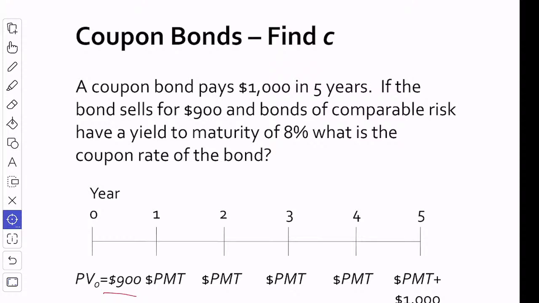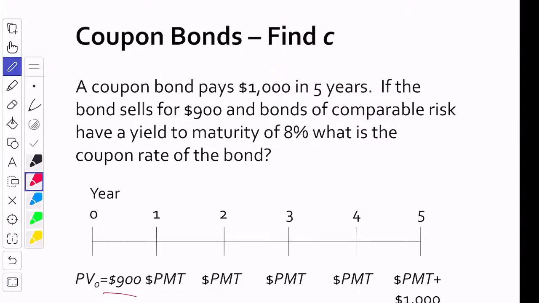Based on bonds of comparable risk, you're told that this bond's yield to maturity is 8%. It sells for $900. What would be the coupon rate of this coupon bond? Well, it's a discount bond. You're told the yield should be 8%.